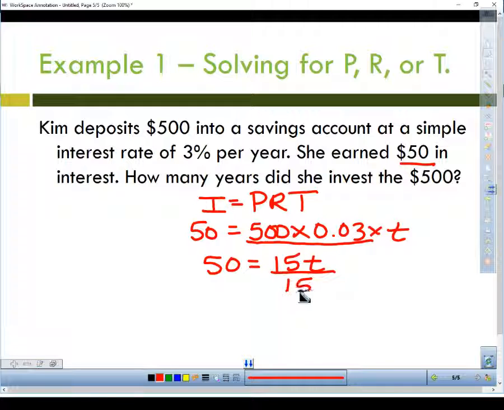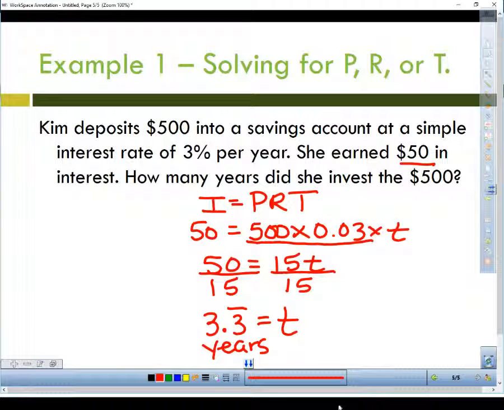I divide by 15 on both sides. 50 divided by 15 is 3.3 repeating, so I'm going to put the bar over it, equals t. So it would be 3.3 years. And that's all I had to do.